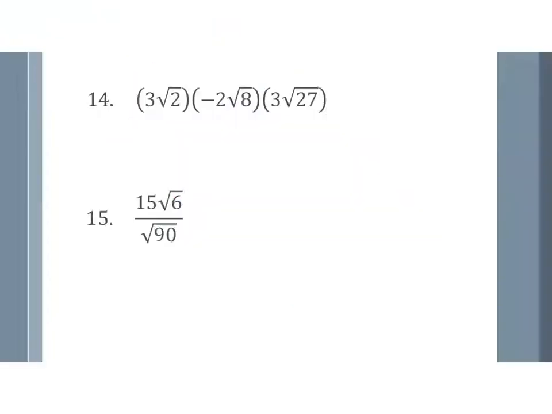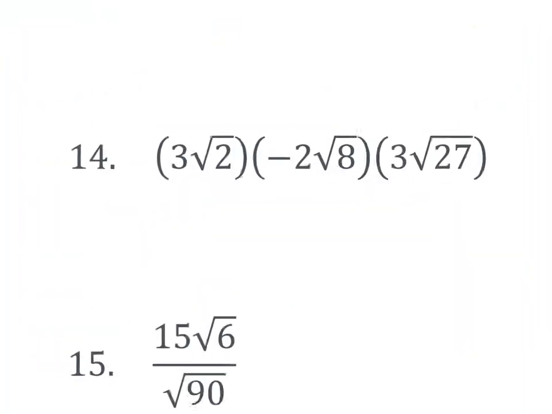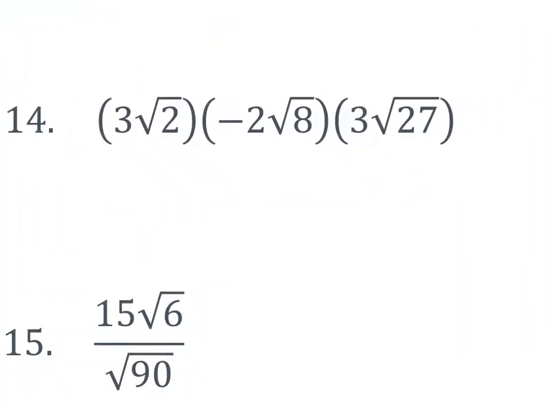Okay, let's try. I had some at the bottom. Here we go. All right, so again, what we really should do here is multiply outside, outside, outside, and then inside, inside, inside. However, if I do this, what I get on the inside is going to be huge. So what I'm going to do first is simplify each one. So the first one is good to go.